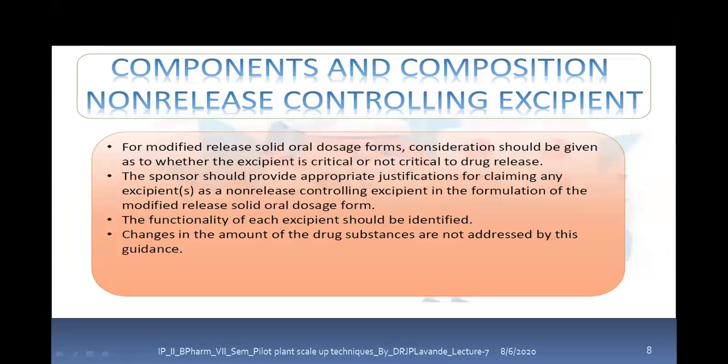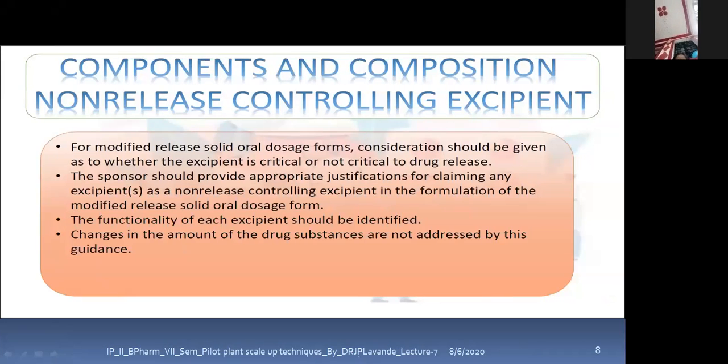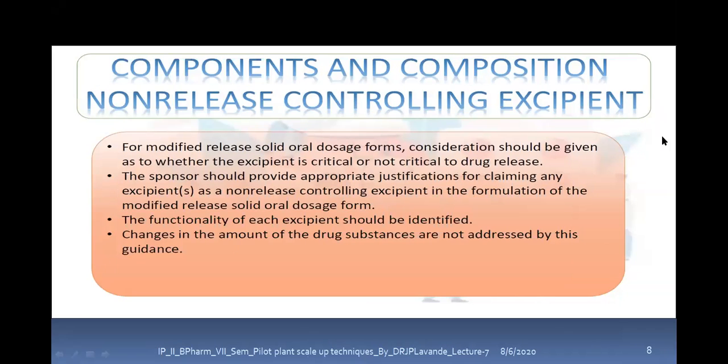Now components and the composition, all these are related to the excipients, non-release controlling excipients. Here particularly for modified release solid oral dosage forms, consideration should be given as to whether the excipient is critical or not critical to drug release.